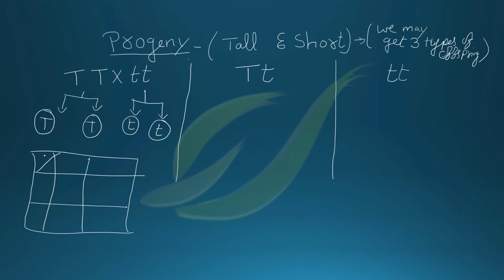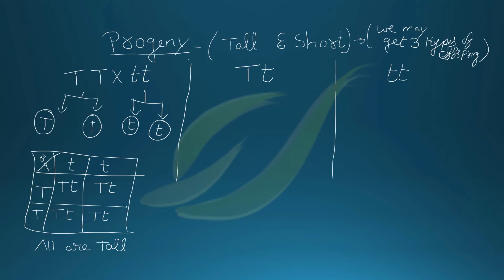So one side you can write capital T, the other side you can write small t. Here if you do the cross, capital T, small t you got, and this capital T with this again you will get capital T, small t. This capital T with small t, again you will get like this. So all are tall. Please remember, all are tall in this case.